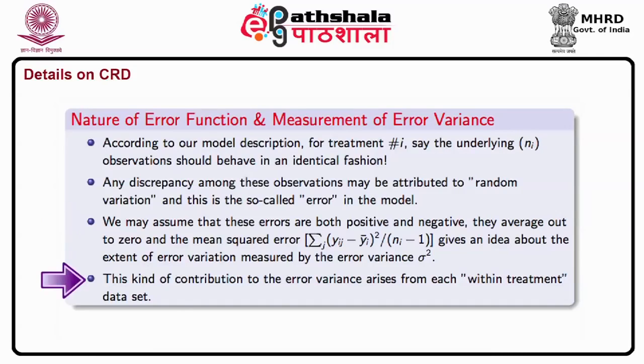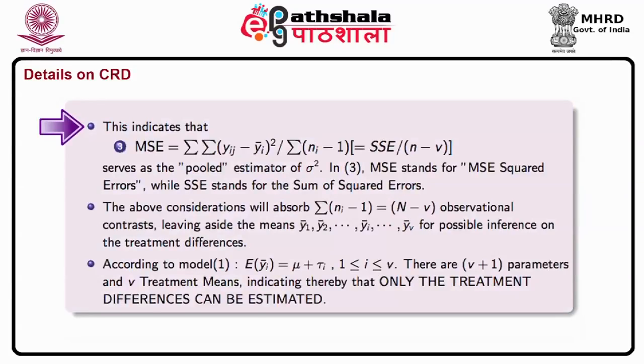So, this kind of contribution to the error variance arises from each within treatment dataset. Very good. And this indicates that the MSE is equal to double summation Yij minus Yi bar whole square by sum over Ni minus 1, which is equal to sum of squares of error by n minus v.